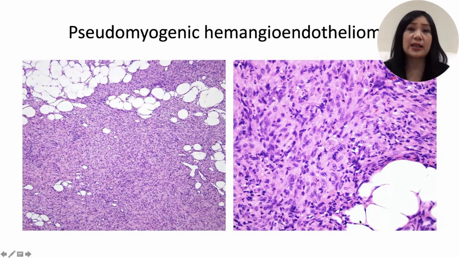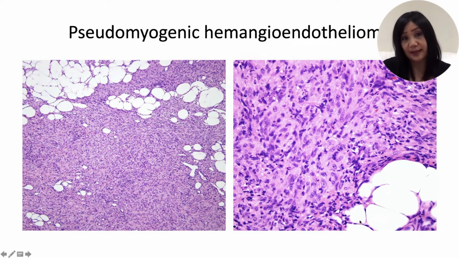So pseudomyogenic hemangioendothelioma is quite a confusing entity that has been written about for a long time by various authors, including the team of Dr. Billings, Dr. Mirror, and Drs. Hornick and Fletcher, as well as other authors. It's so-called pseudomyogenic hemangioendothelioma because it is a full vascular neoplasm.